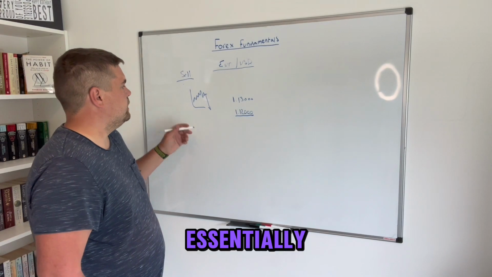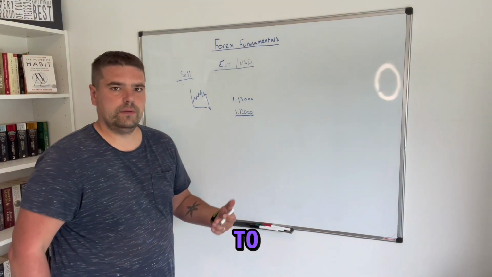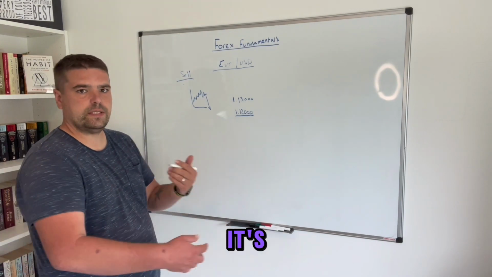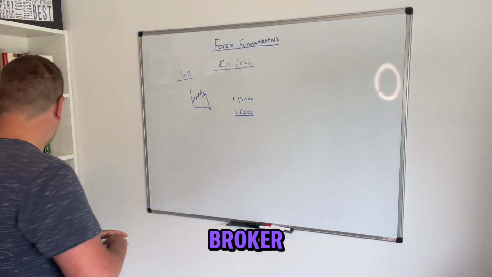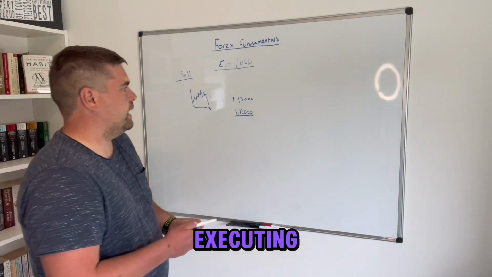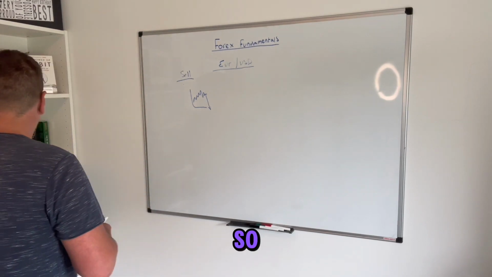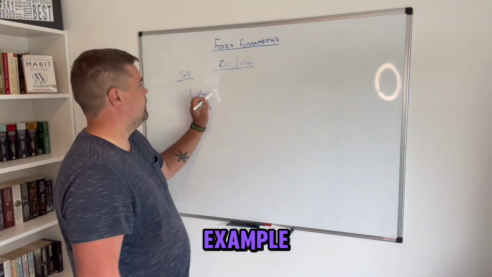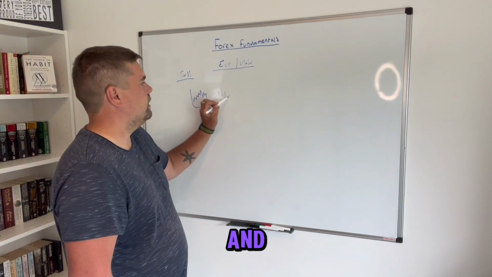So essentially what happens in this is it's similar to the buying position, except it's the reverse of that. But in terms of what happens at your broker and when you're executing the trade, I'm just going to go into this here. So let's say, for example, the quote, and I'm going to use the same figures just to make it nice and easy.